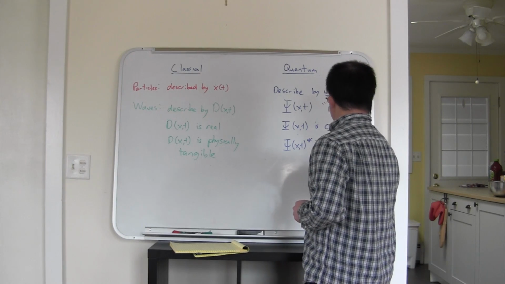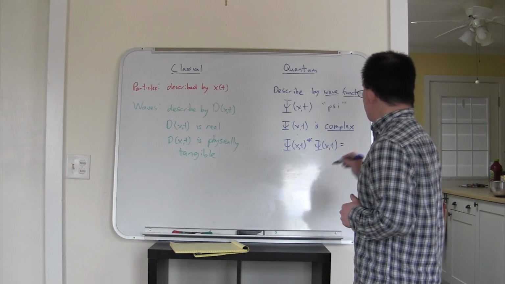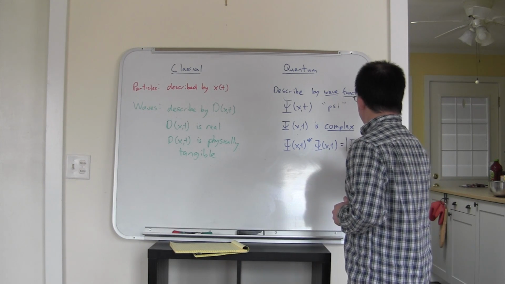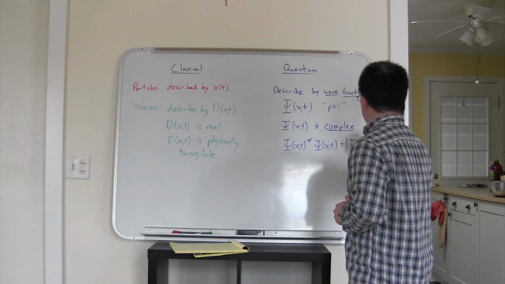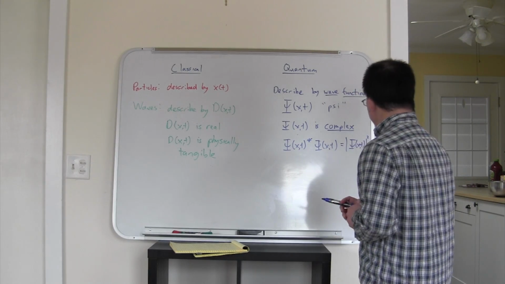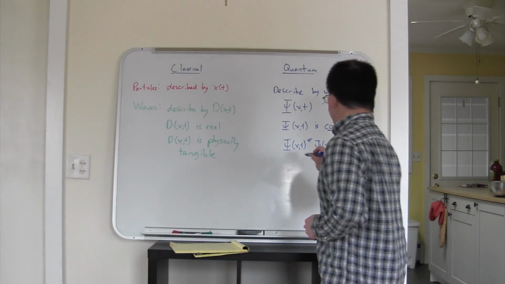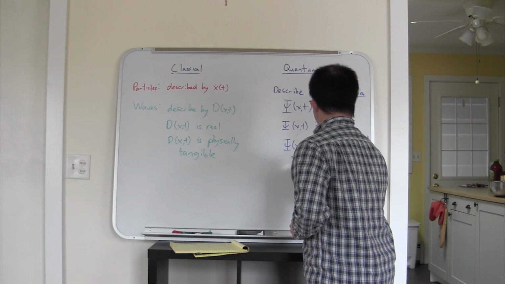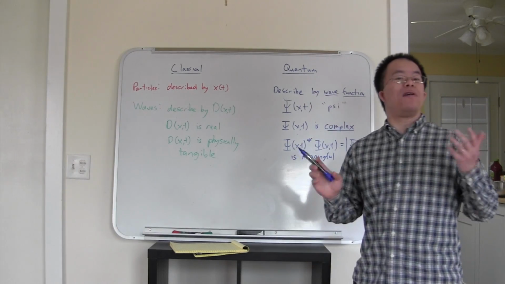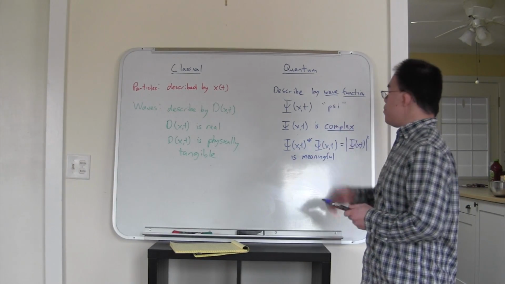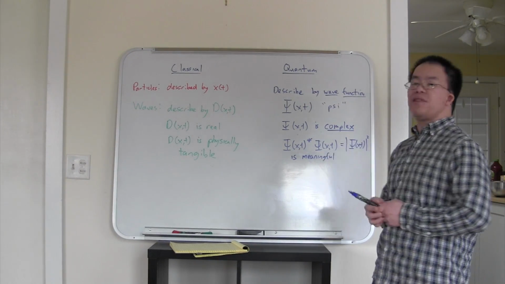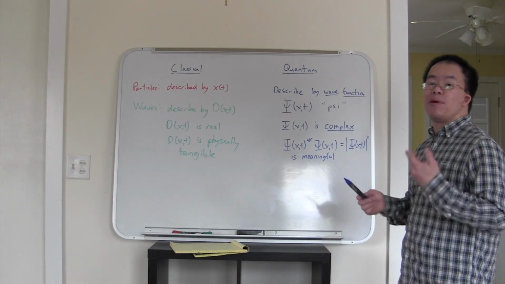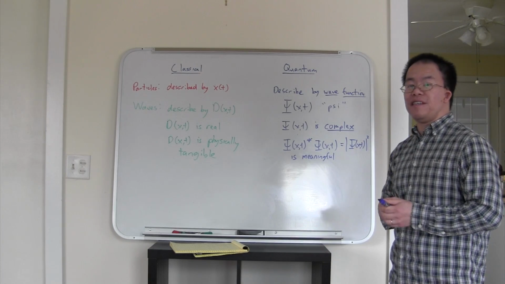And the cleaner way to write this is, I'll just write this as psi modulus squared is what's physically meaningful. And this is where the probability comes in. So we, in particular, think about psi modulus squared as what we call a probability density.